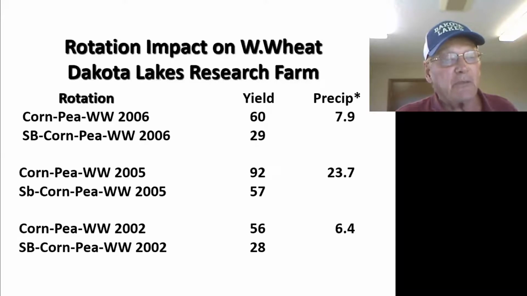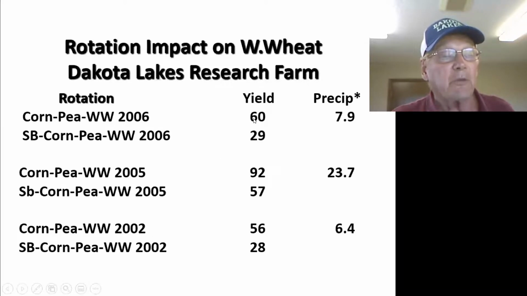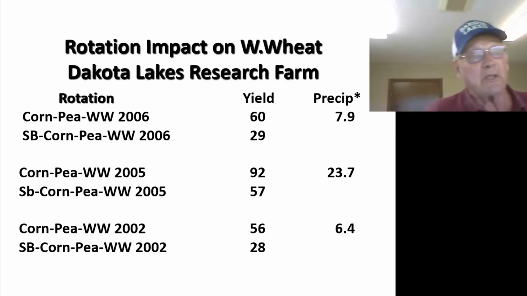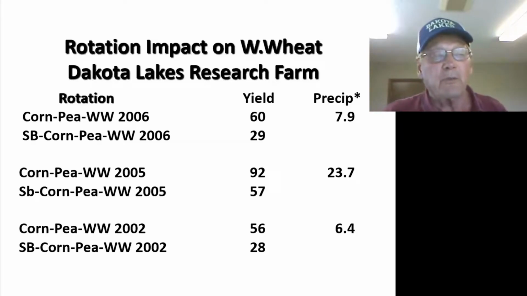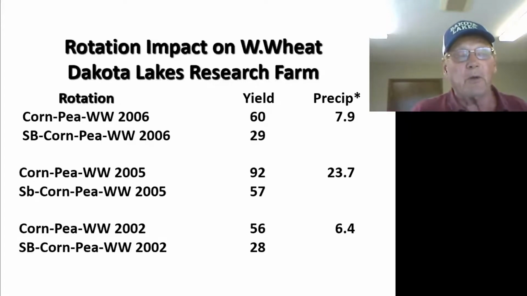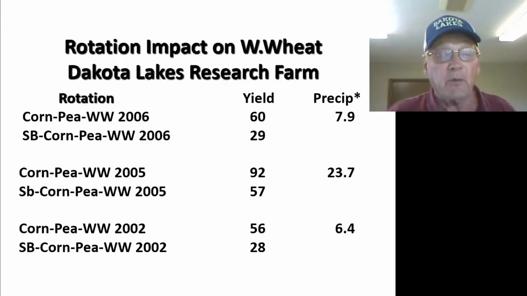We didn't see that the first 8 or 10 years as the soils were responding and changing in response to the crop rotation. But in all those cases, if you look at those rotations, pea was a year before winter wheat and corn was a year before the peas. So the sequence, the 2 years before winter wheat, are exactly the same in every one of those.